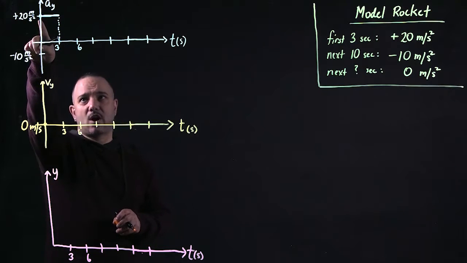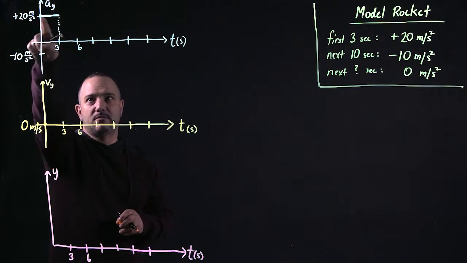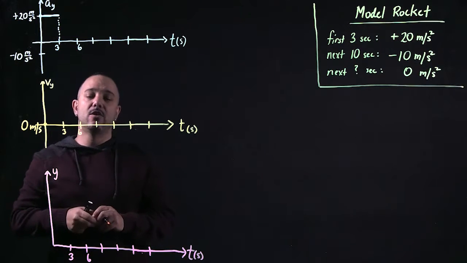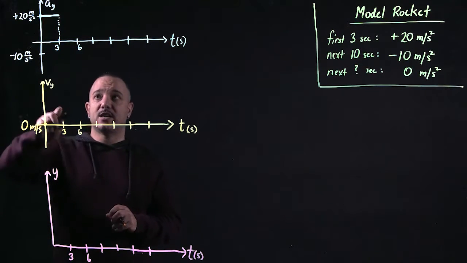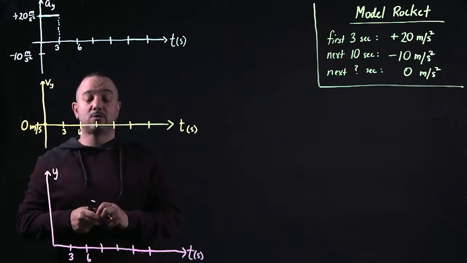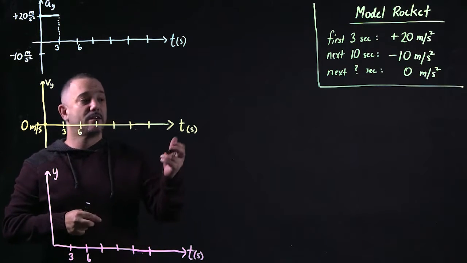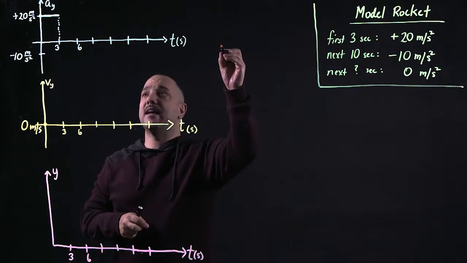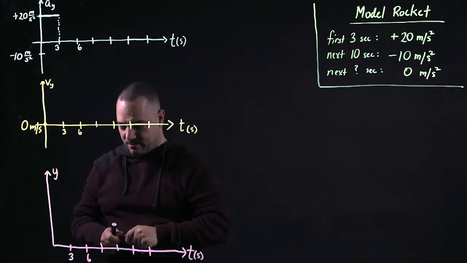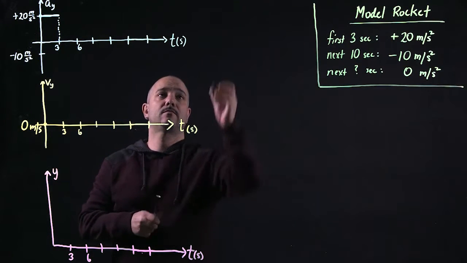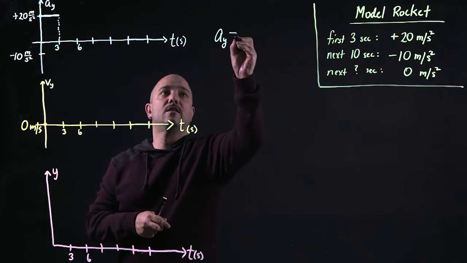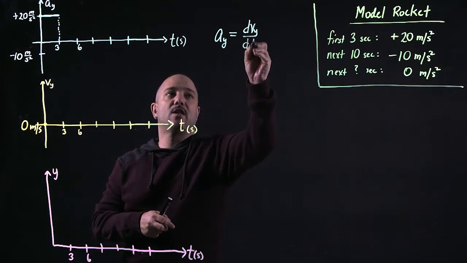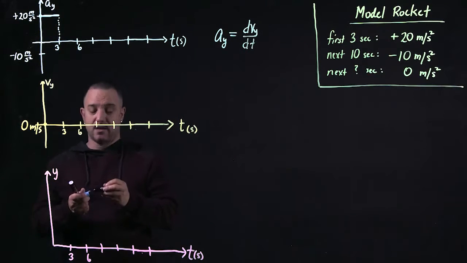And so here we have a constant acceleration, which is flat. We want a function down here whose slope is a constant value, 20 meters per second squared. So remember, the relationship between acceleration and velocity is that acceleration is the first derivative of the velocity with respect to time.